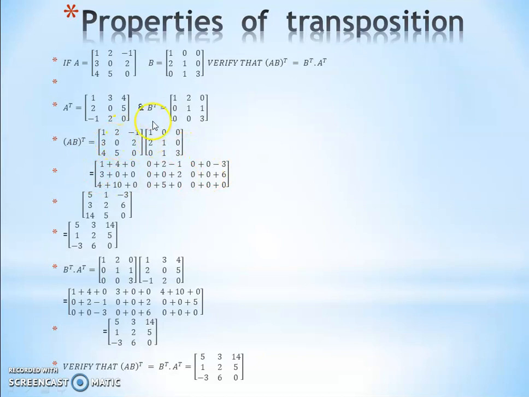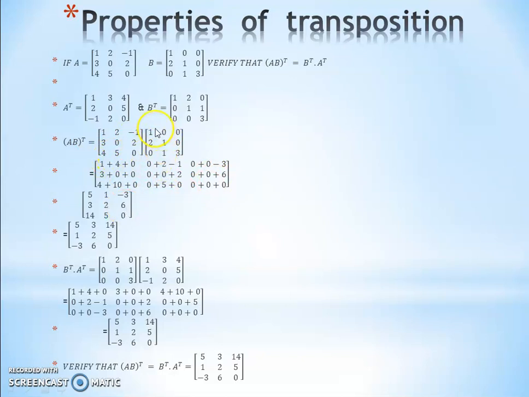Now second row, first column: 3 into 1 is 3, 0 into 2 is 0, 2 into 0 is 0. Second row, second column: 3 into 0 is 0, 0 into 1 is 0, and 2 into 1 is 2. Second row, last column: 3 into 0 is 0, 0 into 0 is 0, 2 into 3 is 6.